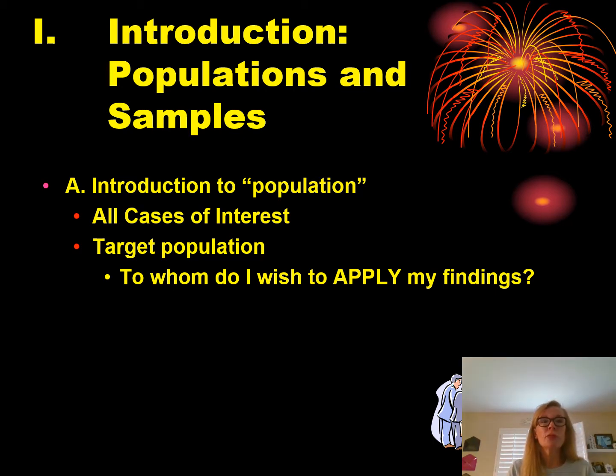That answer can fall anywhere on a very huge continuum, and that continuum has tiers to it. So you might wish to apply your findings to college students. College students is a very vast and diverse group of people.